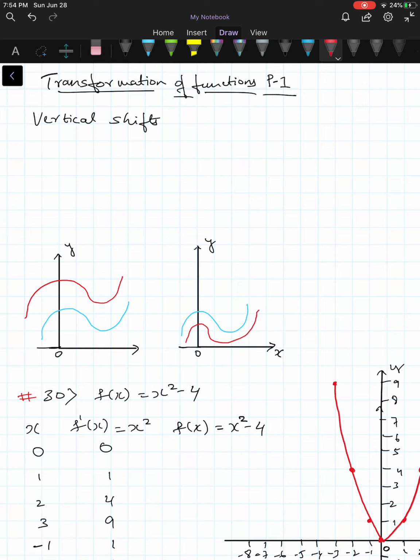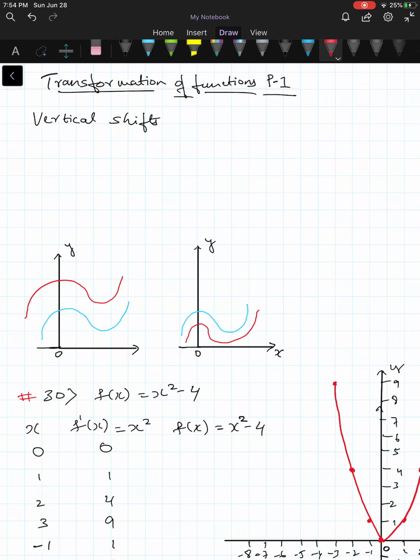So the first transformation would be vertical shifts. When can you shift a graph vertically? That is, you are moving the graph along the y-axis. If you are moving the graph above the original graph, you have to add a specific value to all the functional values.